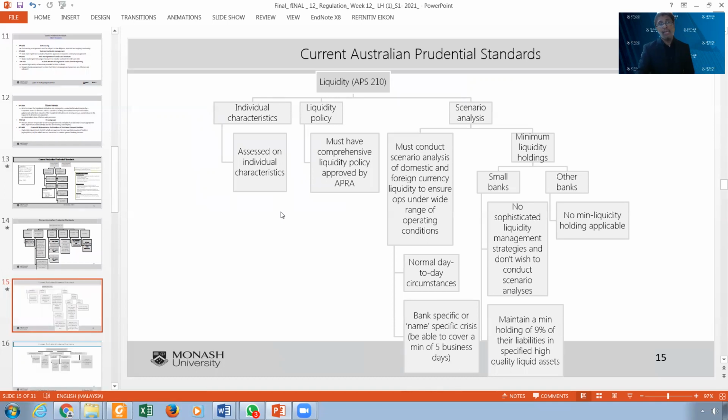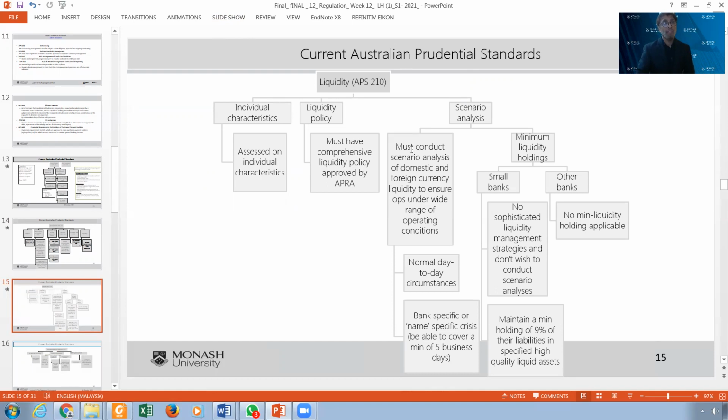Liquidity, APS 210, and I will summarize it here. I will not go through all of those things, but in Australia, they say if you have a very good system for liquidity, and you can control that liquidity, and you can prove it to the regulators, you don't have to have a liquidity buffer, which means you don't have to have a percentage of liquidity.